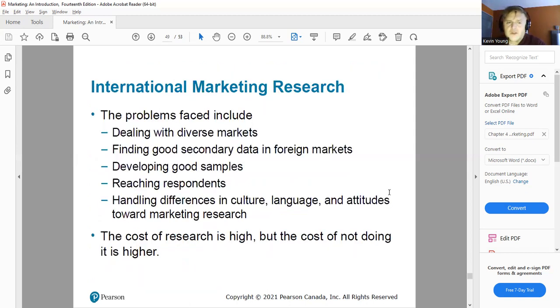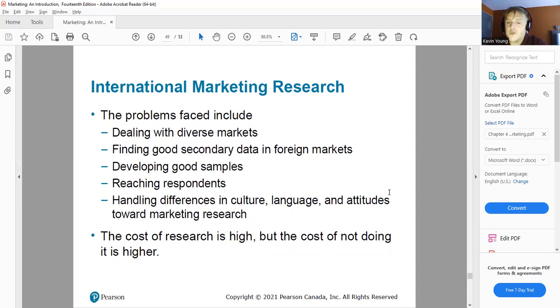International marketing research includes the following potential problems. You are dealing with diverse markets, trying to find good secondary data in foreign markets, which the researcher may not be familiar with, developing good samples, reaching respondents, and handling differences in culture, language, and attitudes.